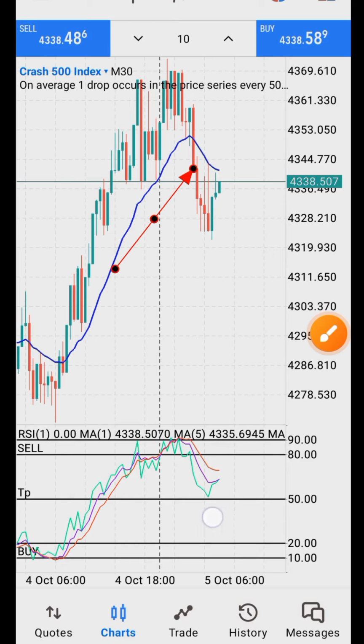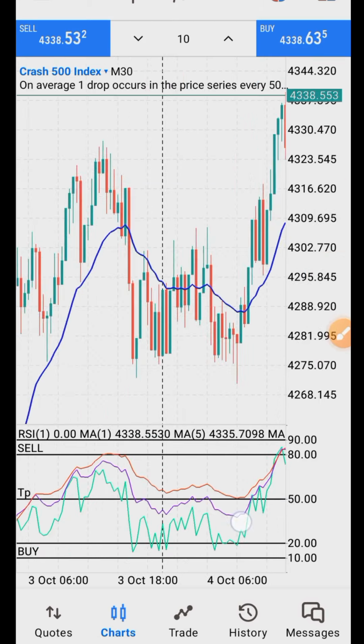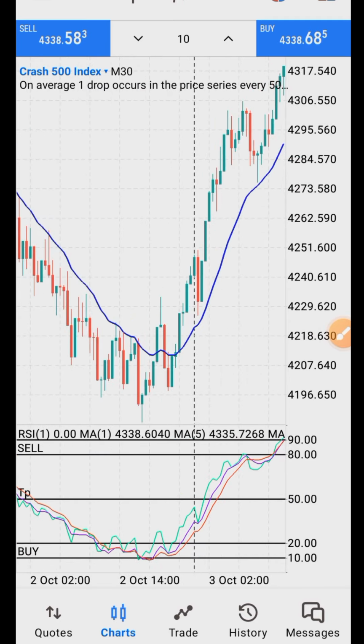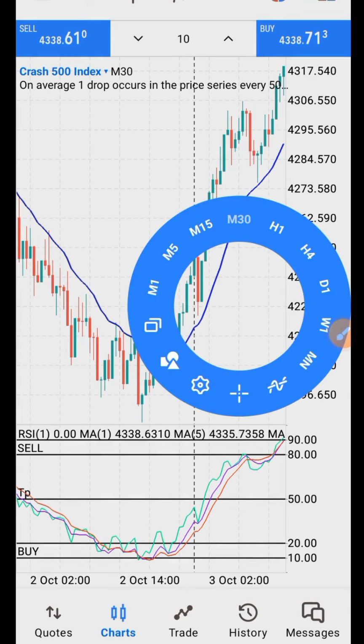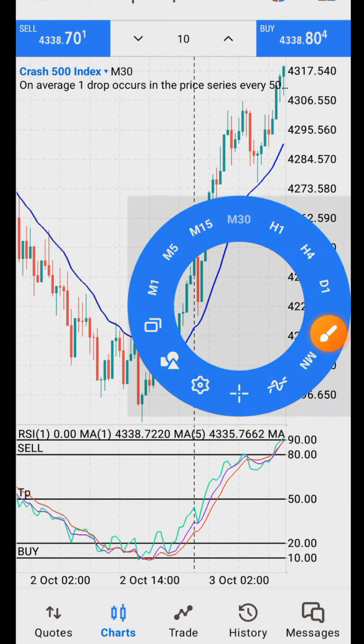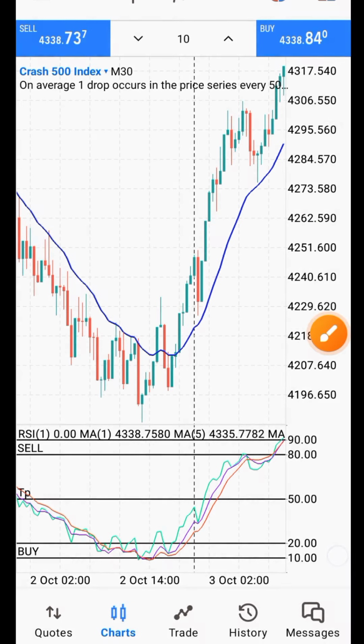So let's look for another example so that it can be well clear. Okay, we have another one here. You can see that price has entered the oversold region here. You can see that clearly. Then the price comes out, telling you that you want to buy.